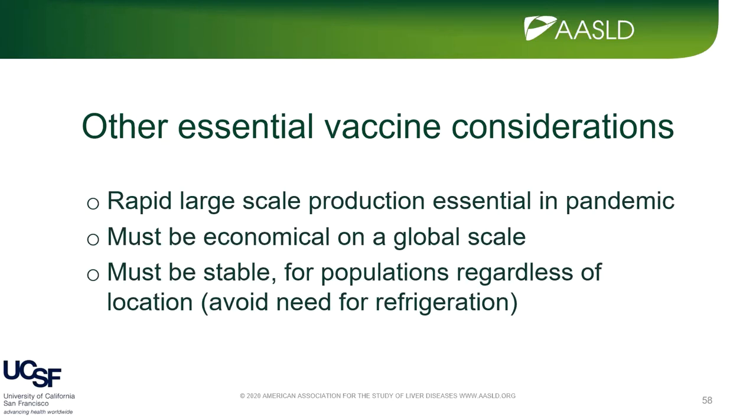Furthermore, not so much a challenge in the United States or other developed countries, but vaccines ideally need to be stable so that they can be transported to remote areas and administered to people who, for example, live in places where there's not electricity or reliable refrigeration.